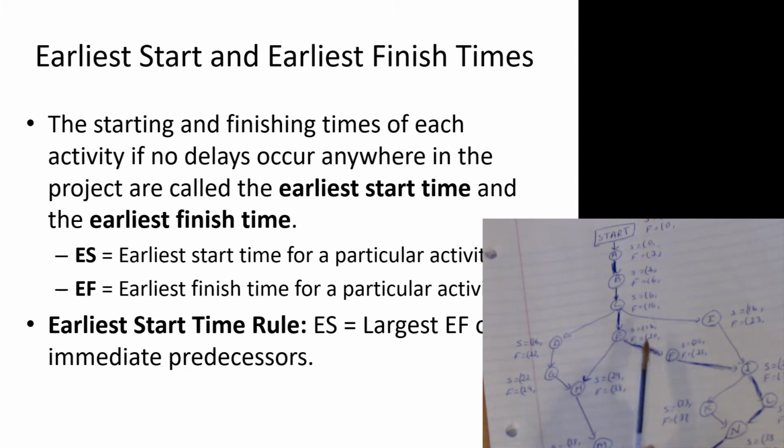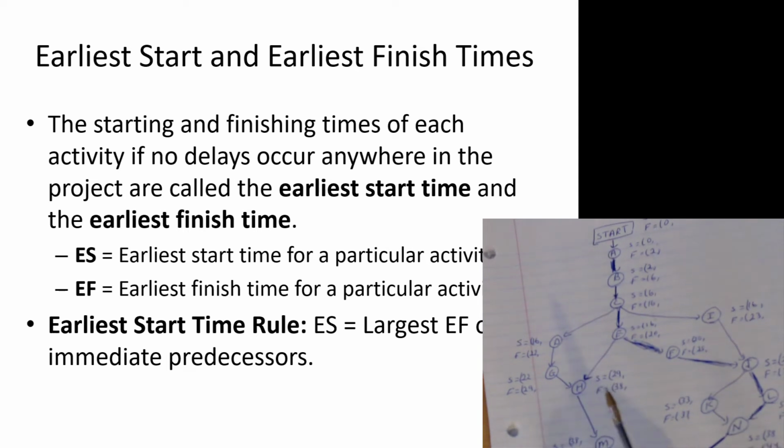When you do this in Excel in the lab, you'll see the max function. It'll take the max of the two finish times for G and E, and that would be the earliest start time for H.